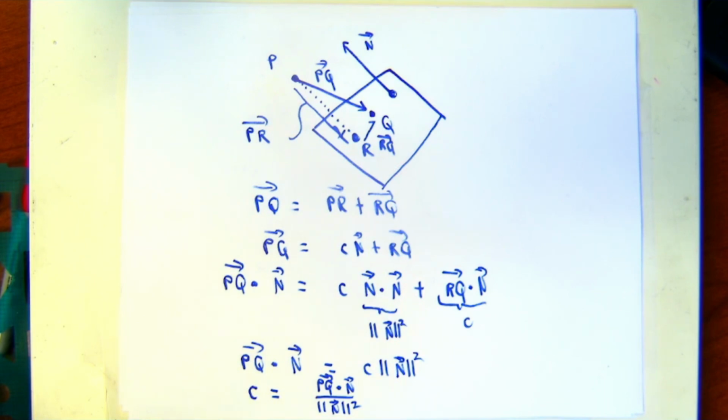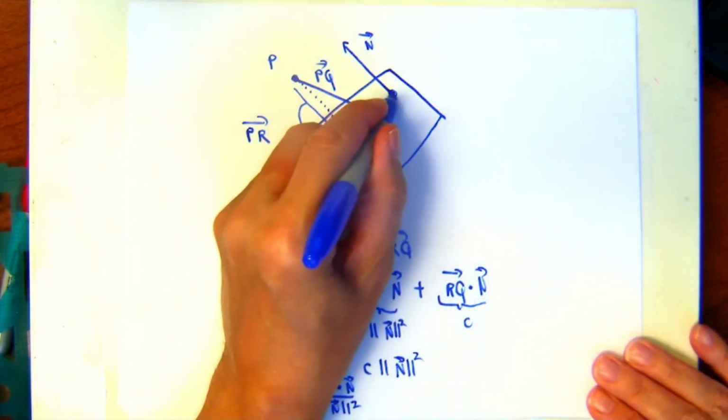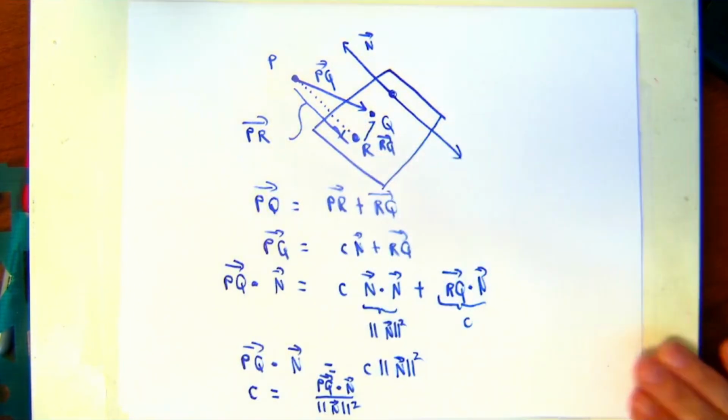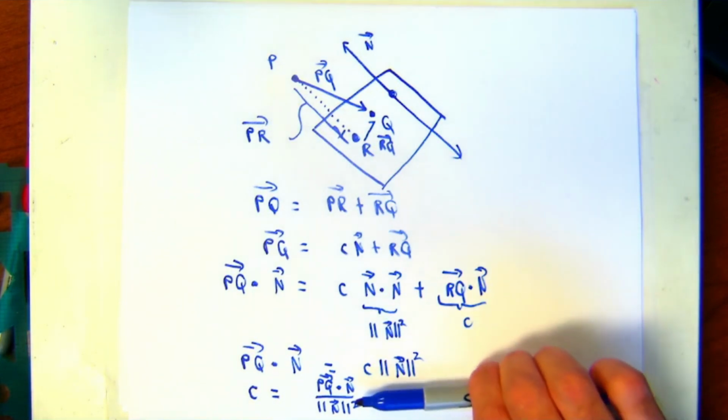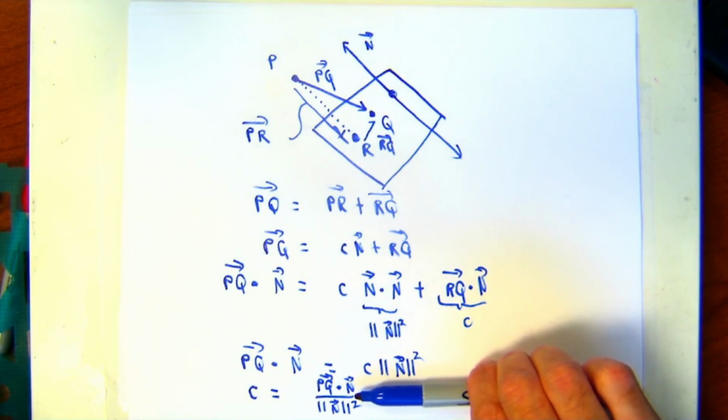It's worth mentioning that if someone else had used a different version of the N vector that pointed off in the other direction, that would just flip the sign on this thing. PQ dot N might be positive or it might be negative, but either way, we'll figure out a way of dealing with that.